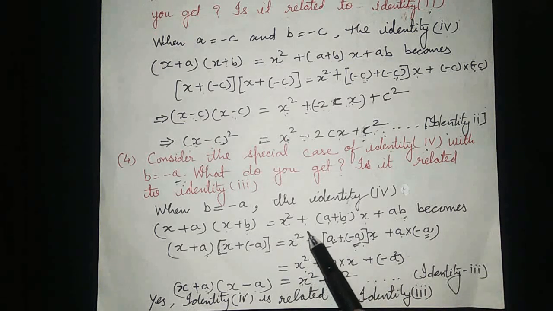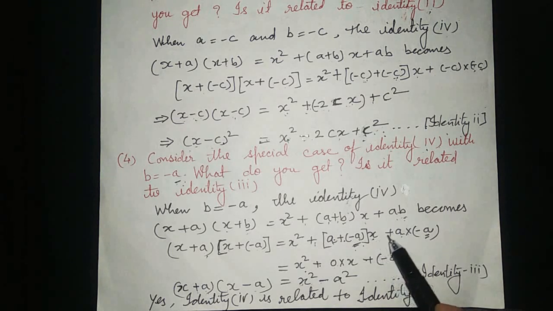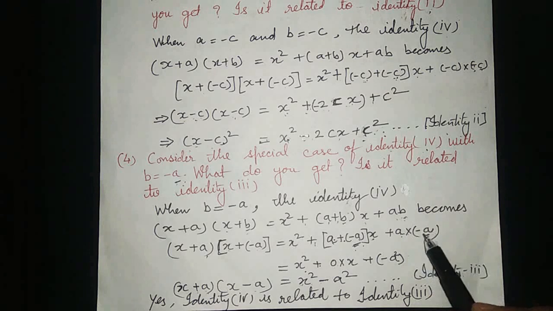Now x square plus a, this plus, and for this b we will write minus a, and then we will close the bracket and we multiply it by x. Plus a we will write, and for this b here we will use minus a, and now we will solve this step.